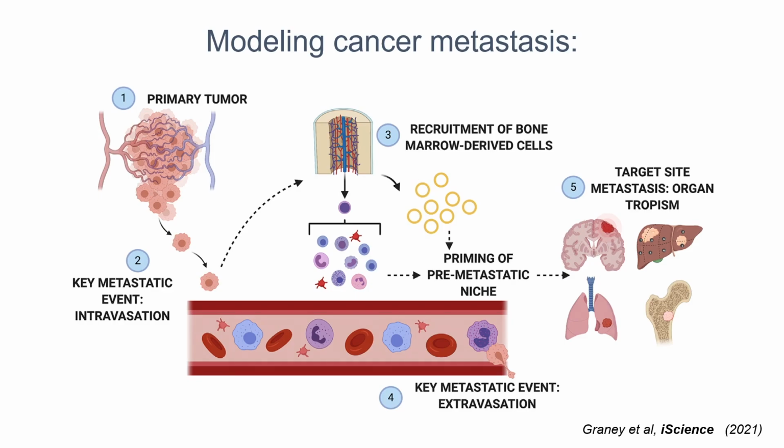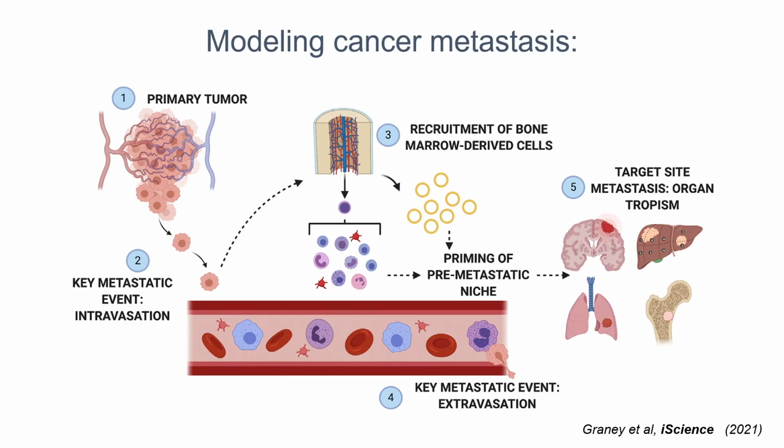They undergo what's known as intravasation, so they get into the vascular circulation. Then they activate bone marrow, so there is a recruitment of bone marrow-derived cells, very important. And these processes are a sort of priming the metastatic niches so that the cells, like the last step, are extravasating, getting out of the vasculature and into the tissues.